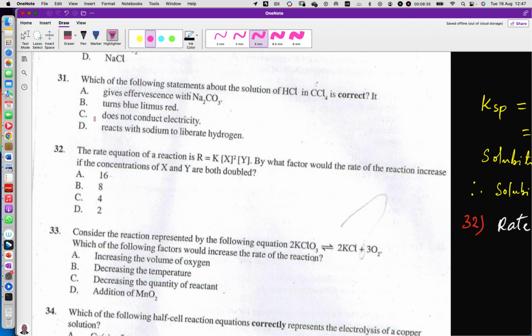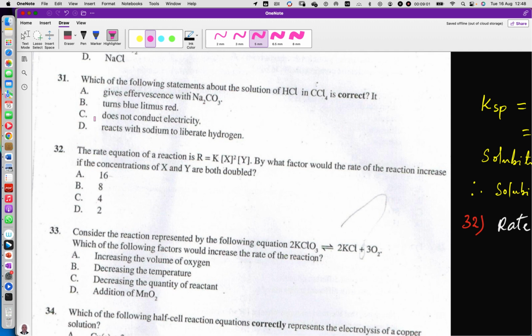Does not conduct electricity. Reacts with sodium to liberate hydrogen. Which of the following statements about the solution of HCl in tetrachloromethane is correct?